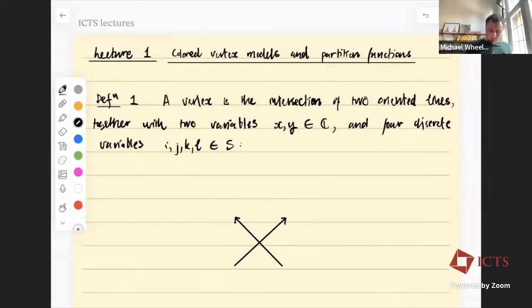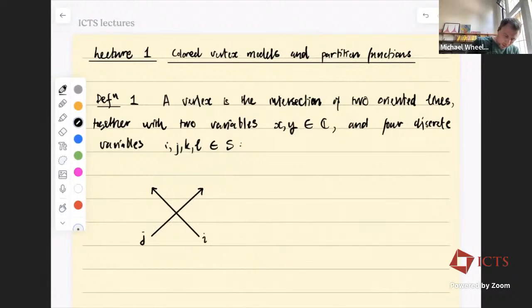And usually people draw a picture behind these things. So this is going to be our vertex. And so the I, J, K, and L, these are going to be states that you associate to the 4 edges that are connected to the point of intersection. And also the x and y, these will be associated to the 2 lines. So x, you can think of it as sort of flowing along this line here, and y is flowing along the other line. Okay, so this is basically what a vertex is going to be.